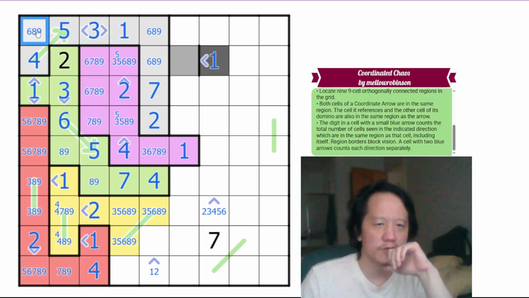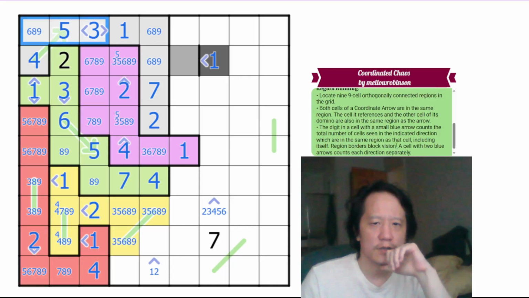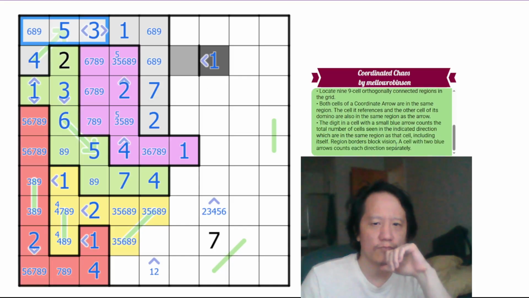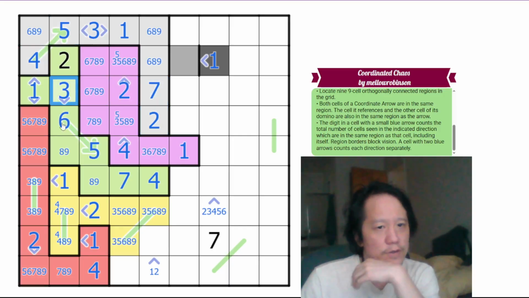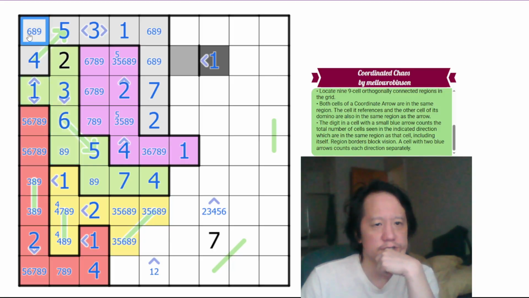So this blue arrow is done. This arrow is done, right? Row 4, column 5, which adds up to the same sum, 2, 7. 3 is done, 1 is done. 6 and 5 work as row 6, column 5 adds up to 11.